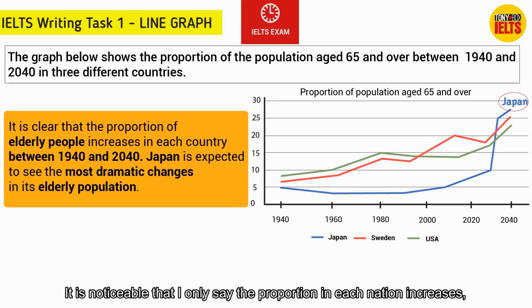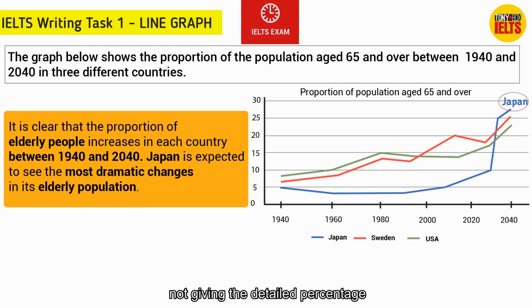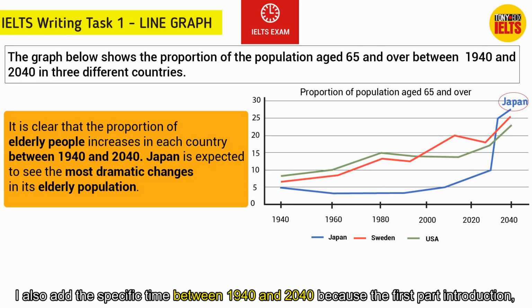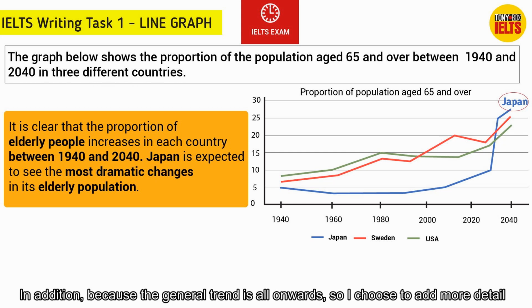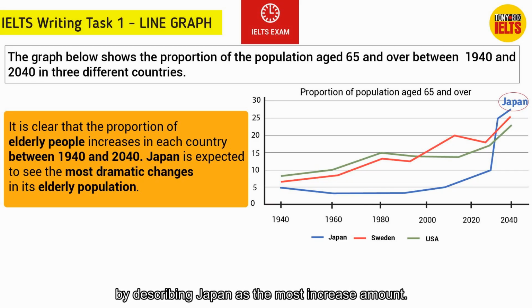It is noticeable that I only say the proportion in each nation increases, not giving the detailed percentage. I also add the specific time between 1940 and 2040, because in the first part, the introduction, I just mentioned a period of 100 years. In addition, because the general trend is all upward, I choose to add more detail by describing Japan as the most increased.